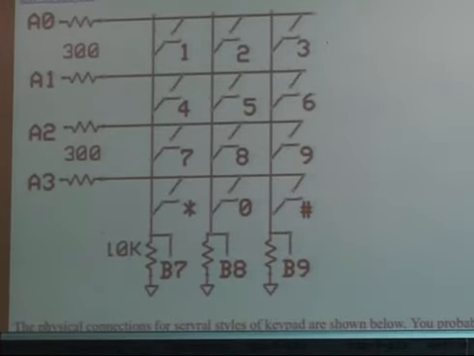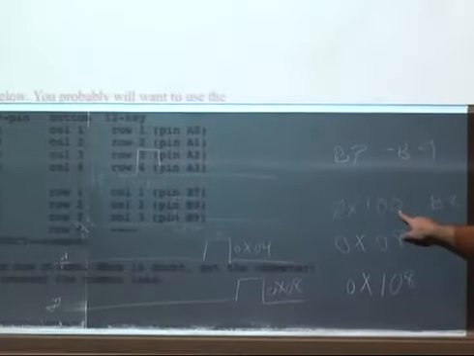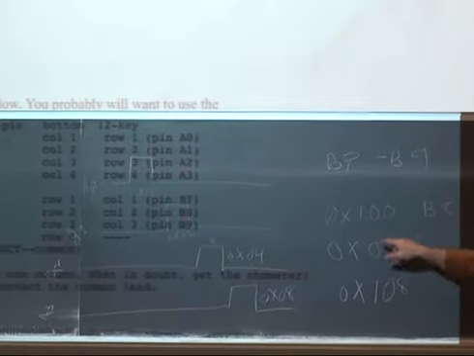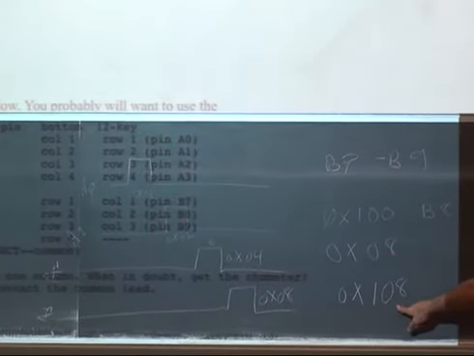They're going to be all 0 when you bring A1 high. They're going to be all 0 when you bring A2 high, because none of those are connected if you press button 0. When A3 goes high, suddenly B8 will be set. We can detect a non-zero B value and OR together the A value with the B value to make the scan code.